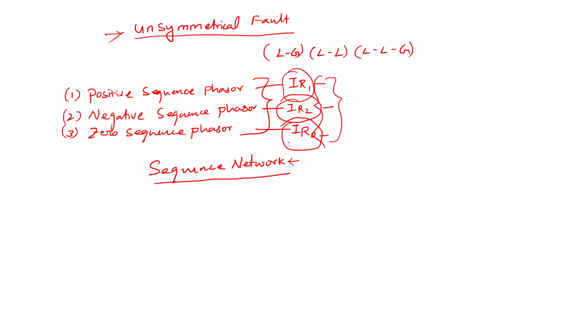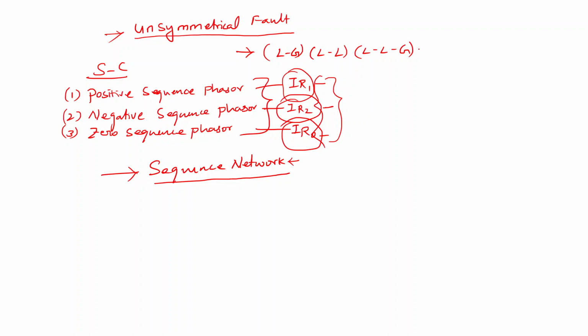In addition to the symmetrical components, we also need the sequence network. This sequence network will help us to find out the unsymmetrical types of fault, that is line to ground, line to line, or line to line to ground. In such problems, the current distribution over the three phases is not symmetrical.